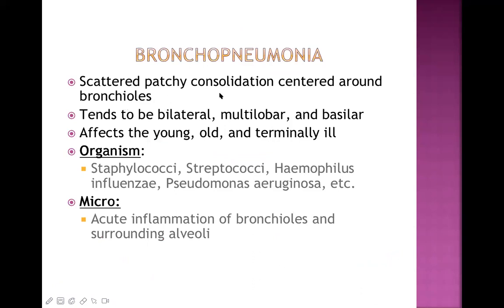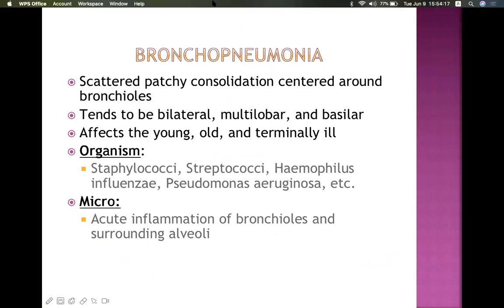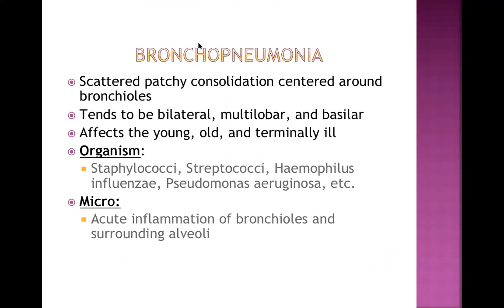This is a scattered patchy consolidation which is centered around bronchioles. Bronchioles means they are smaller type of bronchi. This bronchopneumonia tends to be bilateral. They may involve both lungs, multilobar, more than one lobe, and usually they are centered around the basilar area of the lobe.